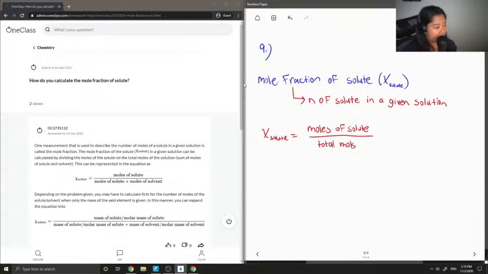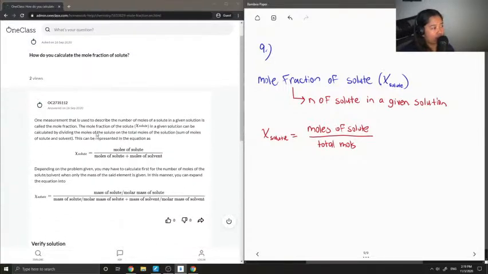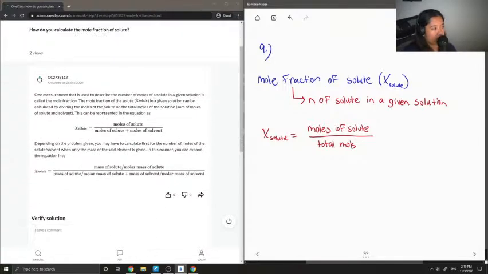So let's see what our junior tutor said. So one measurement that is used to describe the number of moles of a solute in a given solution is called the mole fraction. The mole fraction of the solute, X, in a given solution can be calculated by dividing the moles of the solute by the total moles of the solution.